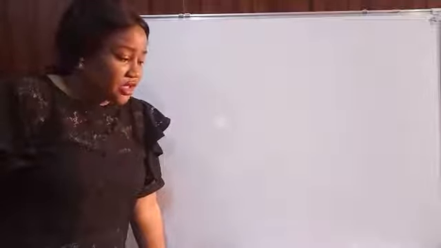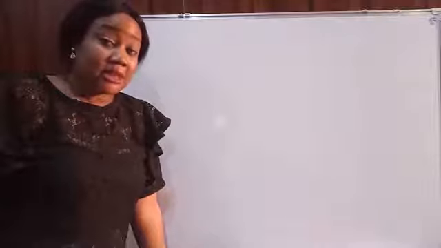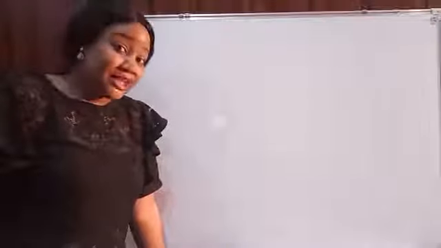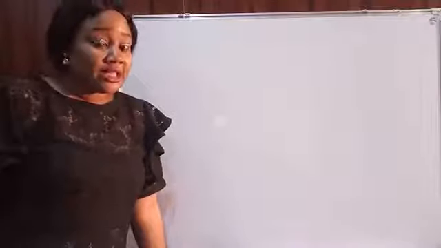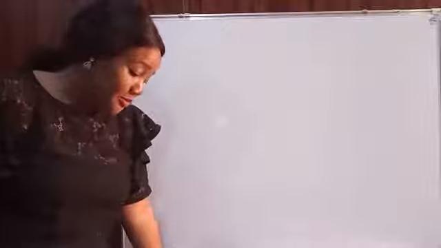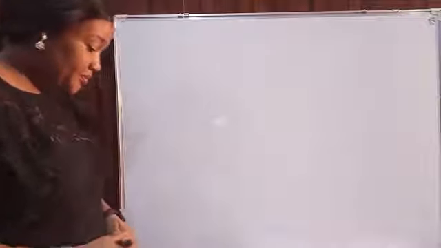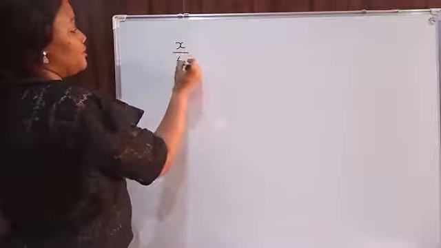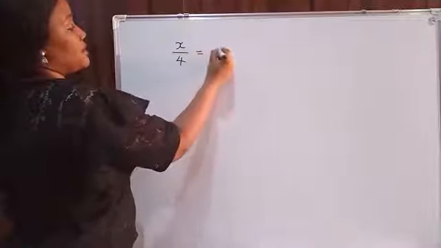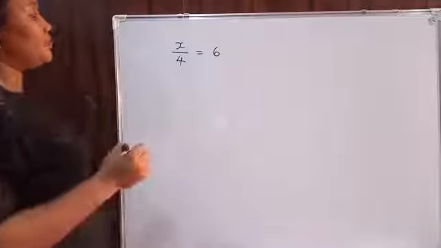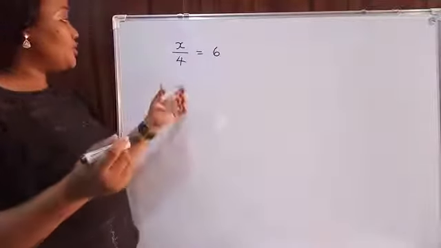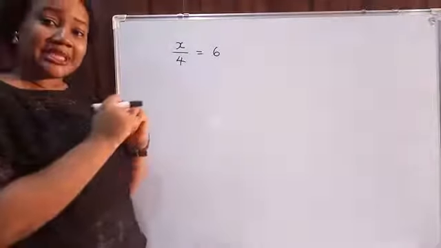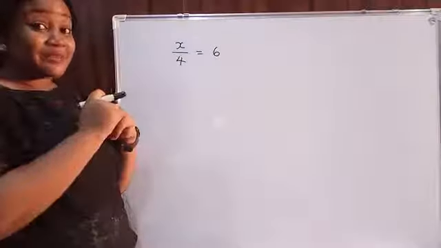Okay? So let's take another example. Remember, we're trying to solve those that involve multiplication and division. Let's say you have x over 4 equals 6. Okay? So what do we do? Remember, you have to study where x is and what's going on around it and try to isolate it.